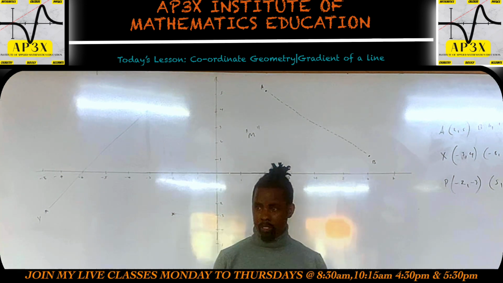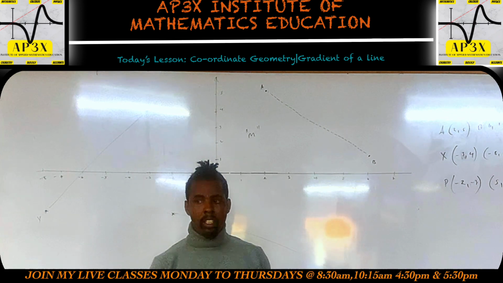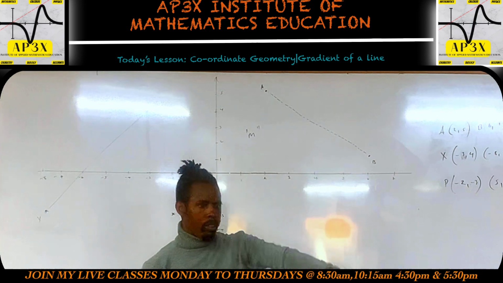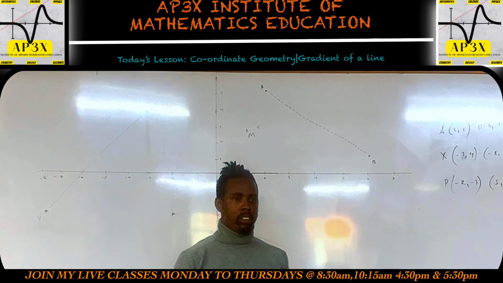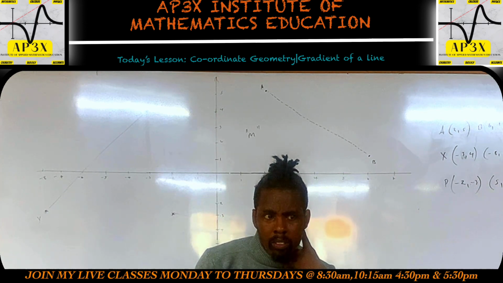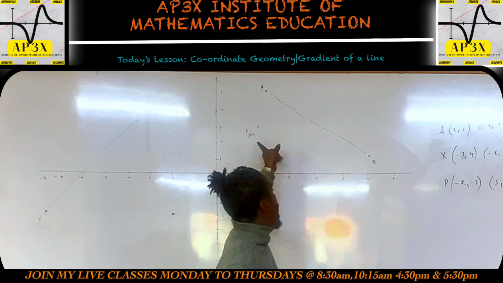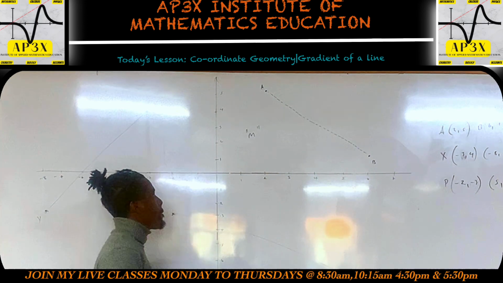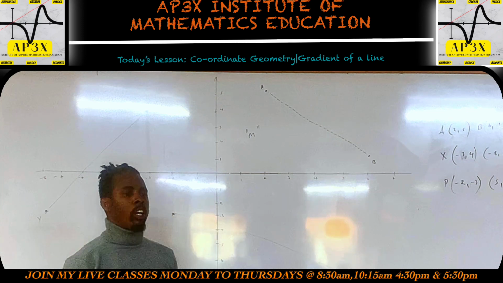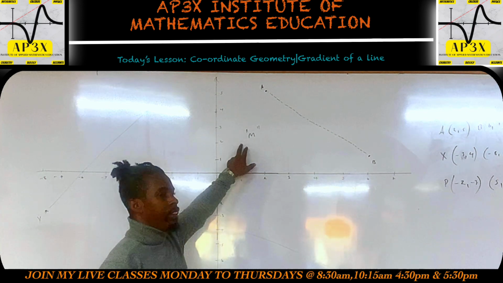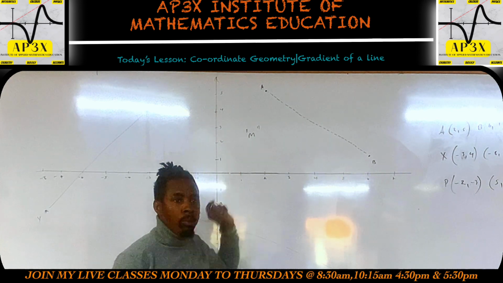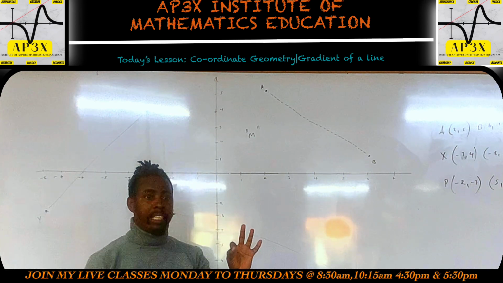Not G, not S, M, lowercase m. It has to be lowercase, because there's another capital M in math. Remember, going forward, anywhere you see that little m here, it will represent the gradient of that particular line.